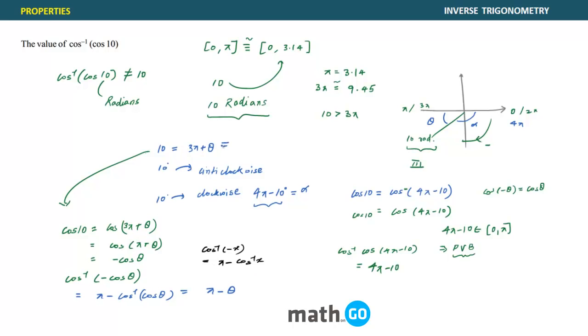What is the value of theta from here? You can say theta is 10 minus 3 pi. Just put the value. So the answer becomes pi minus (10 minus 3 pi), and if you solve this, it again becomes 4 pi minus 10, which is completely similar to the answer you got here. So both the methods are correct.